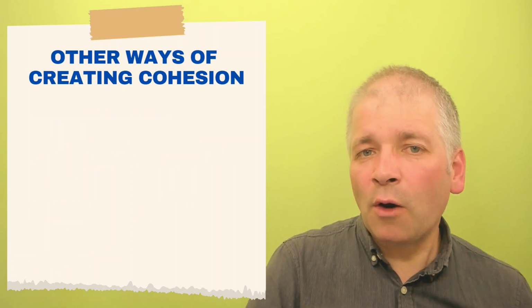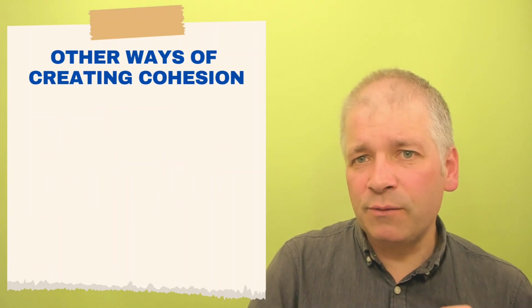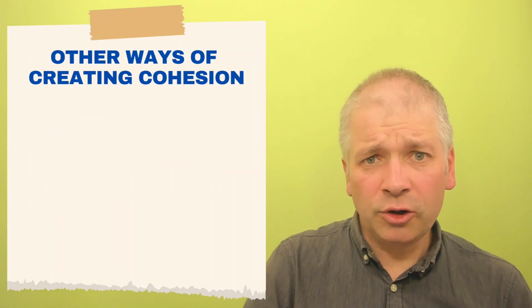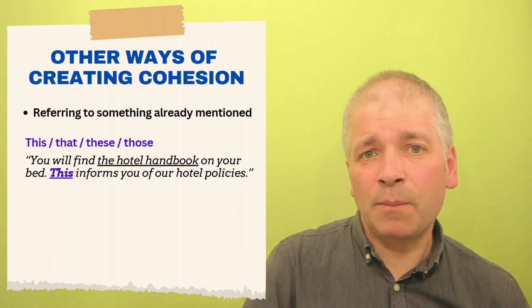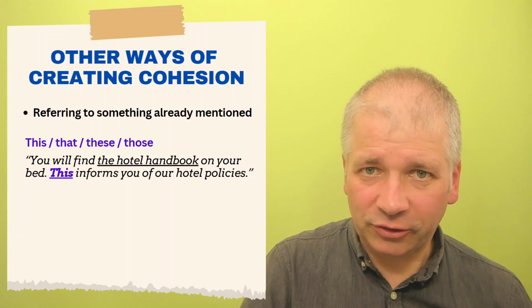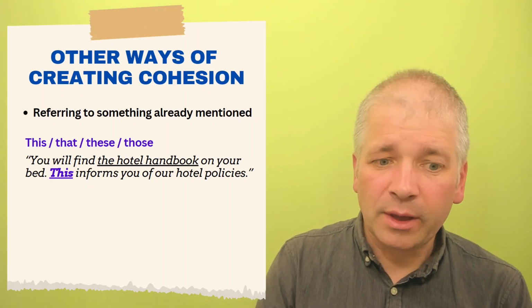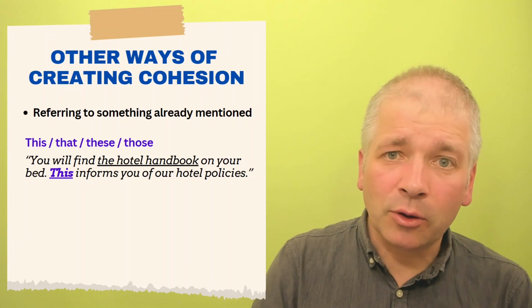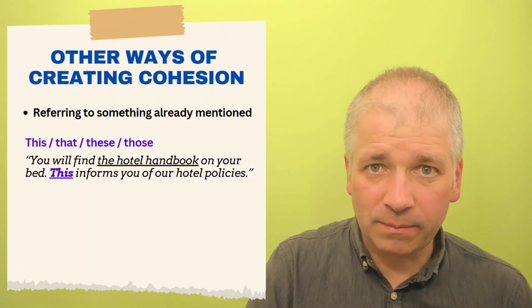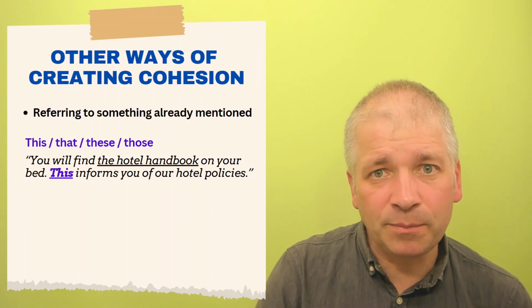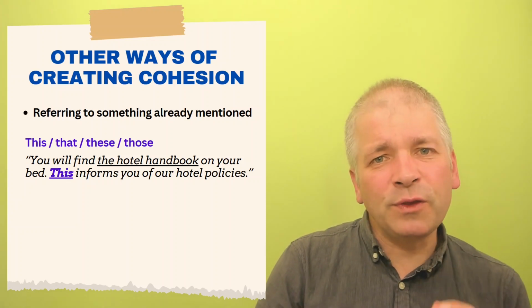There are other ways of creating cohesion that don't involve these linking words or transition signals. One is by referring to something already mentioned. Look at the example first. You will find the hotel handbook on your bed. This informs you of our hotel policies. So here cohesion is created by the word this. What does this do?